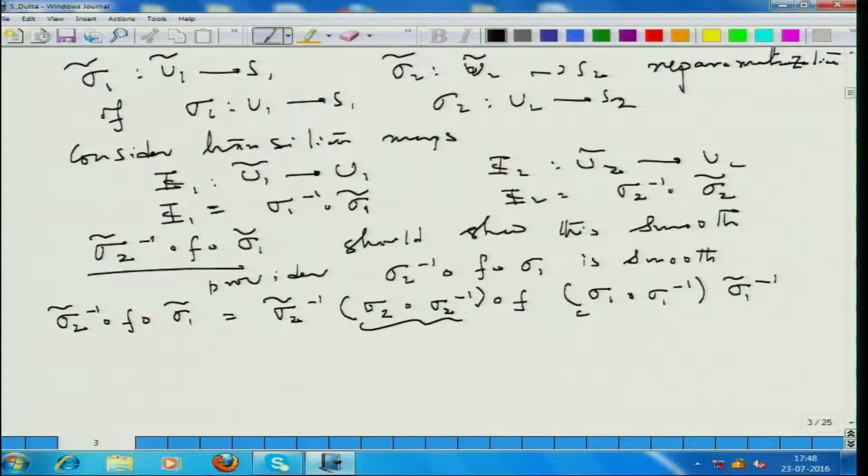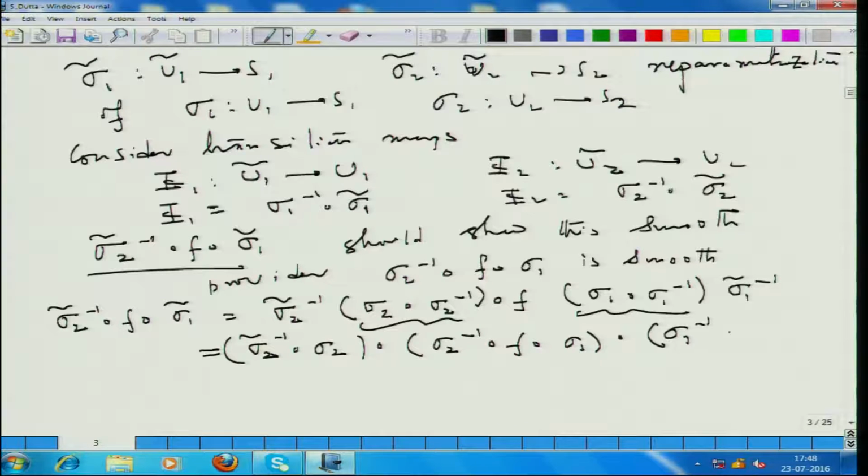These two maps are identity, right, because they are homeomorphisms. So, this is sigma 2 tilde inverse composed with sigma 2, composed with sigma 2 inverse composed with F composed with sigma 1, composed with sigma 1 inverse, composed with sigma 1 tilde inverse.